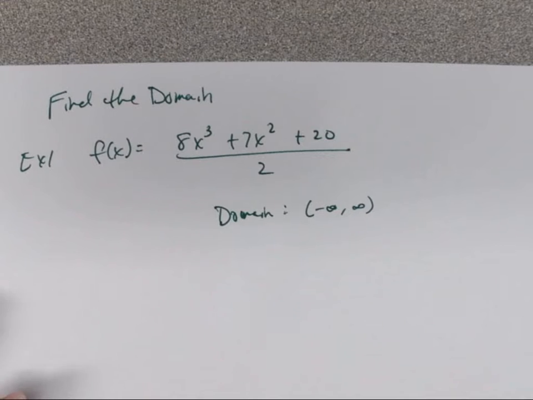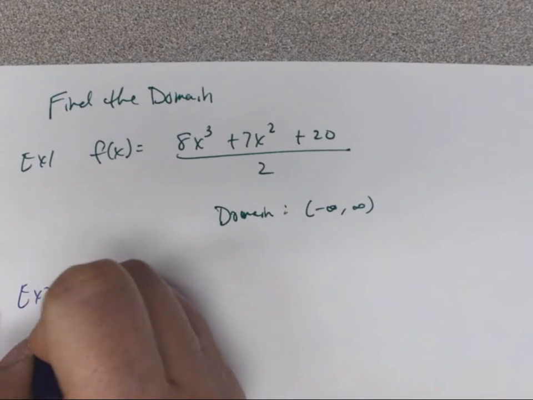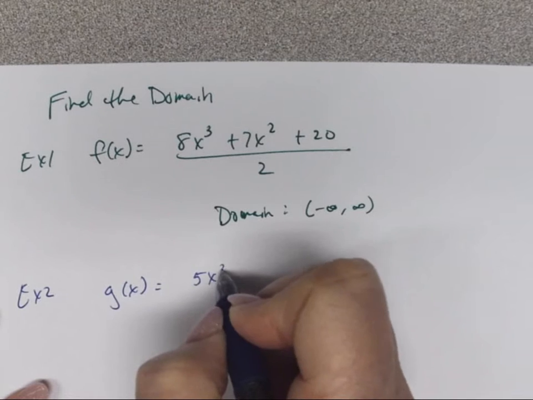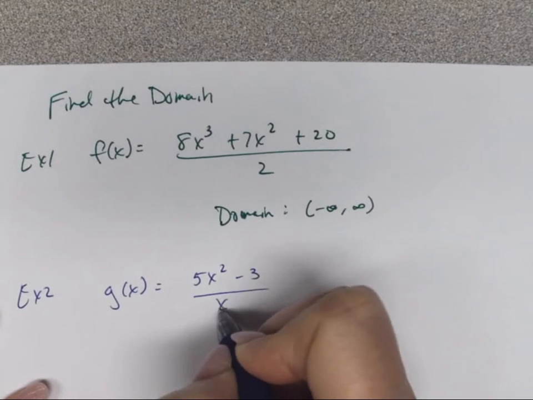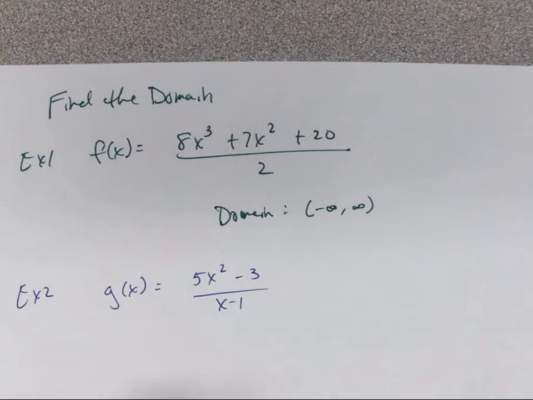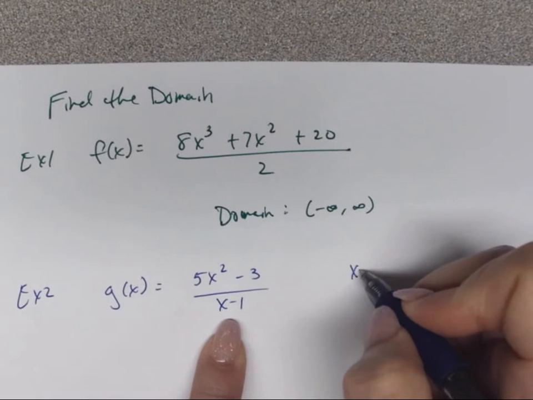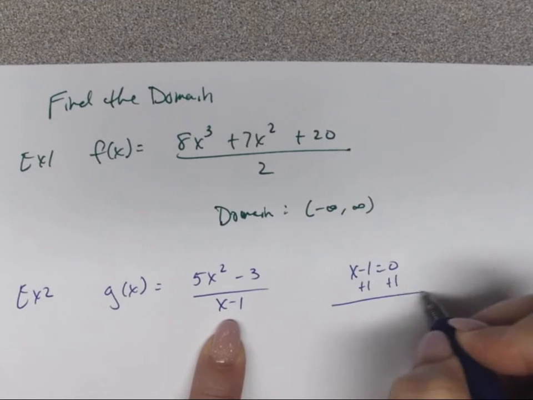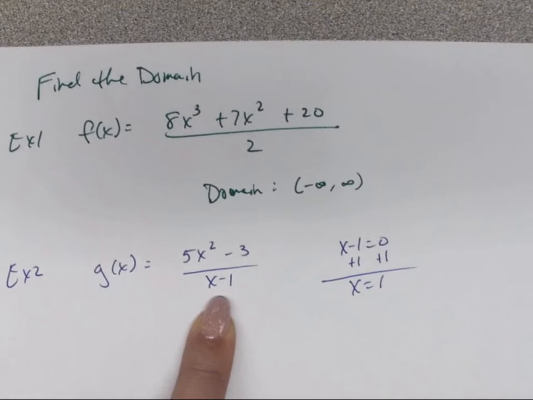All right, let's look at example 2. If we have g of x equal to 5x squared minus 3 over x minus 1, we take our denominator, x minus 1, and set it equal to 0. Add the 1 to both sides, and we get x equals 1.